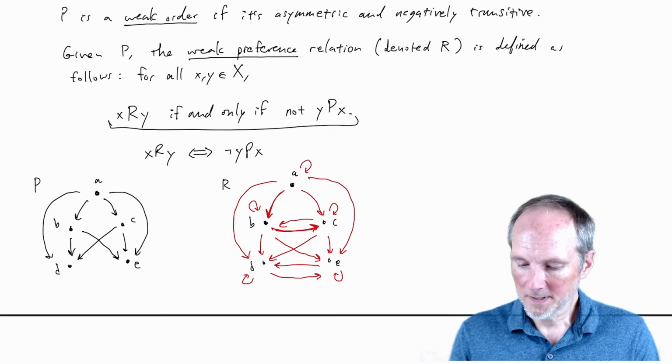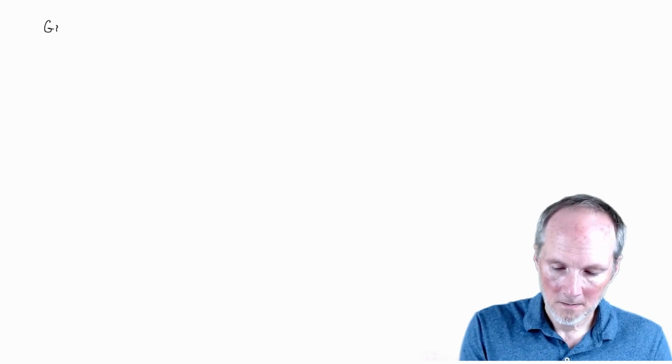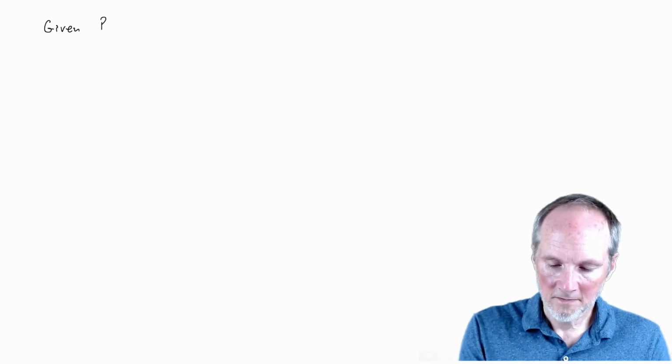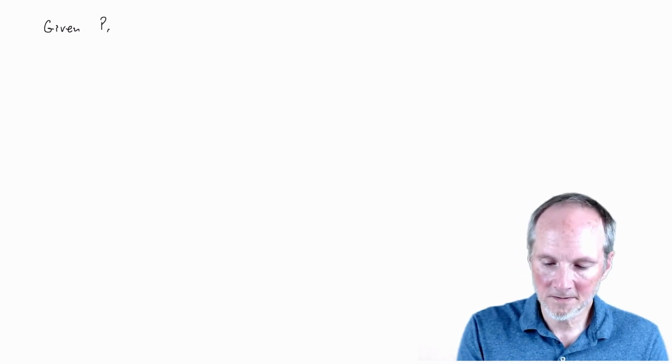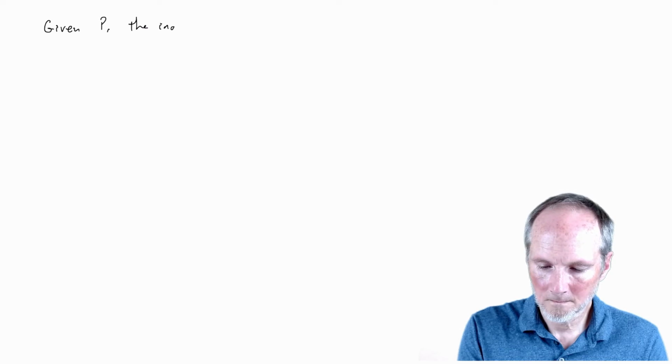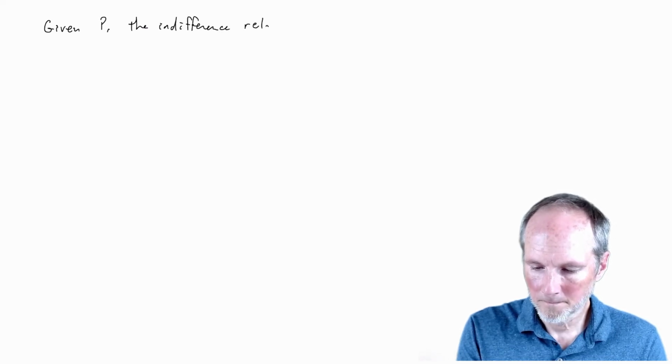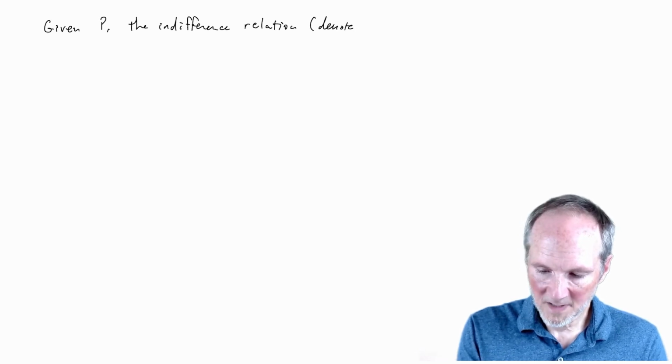Let's do another derivative relation that means that two alternatives are equally good. Given the strict preference relation P, we're going to define the indifference relation, and we're going to have separate notation for that.